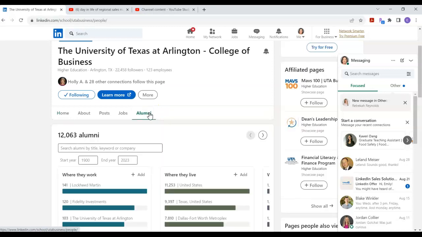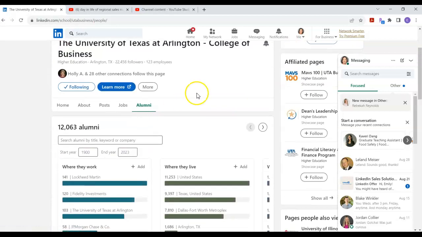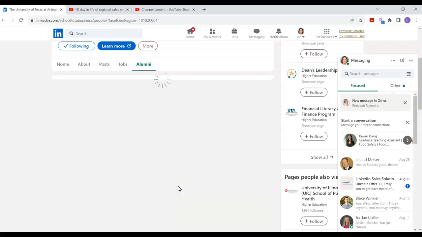In this case, what I'm doing is, if I am trying to get into a certain organization, you can also use this for finding jobs. But let's say that I'm looking for the decision maker at a particular organization in the Dallas-Fort Worth area, or let's say I'm looking for them in Arlington.